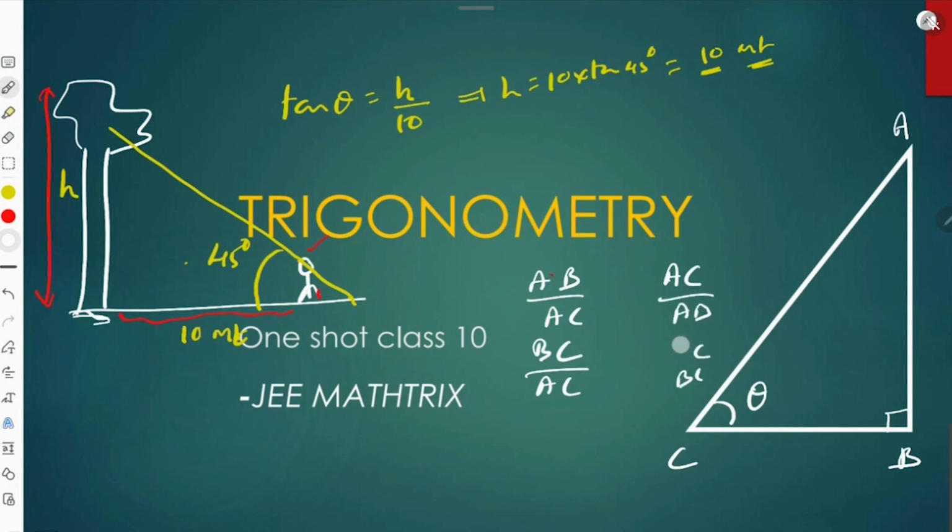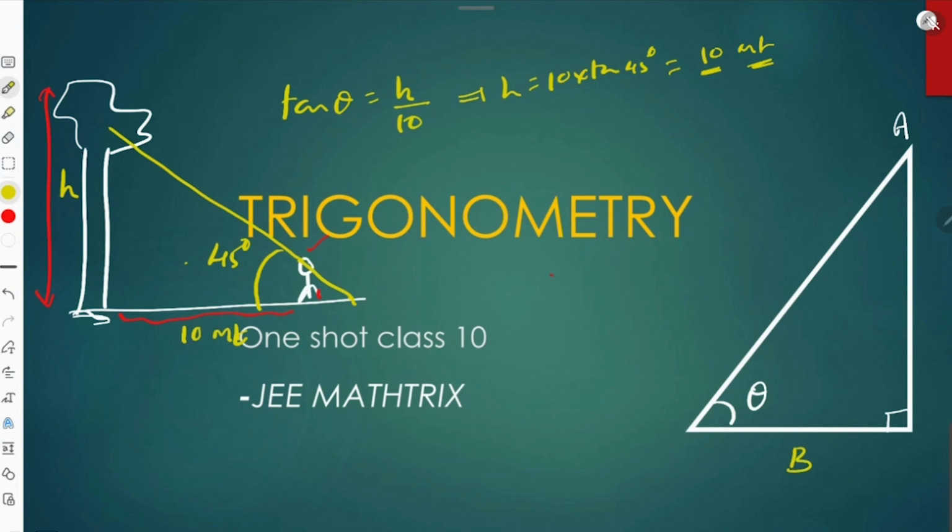So for a moment, let's call this base, let's call this height the perpendicular, and this is the hypotenuse.